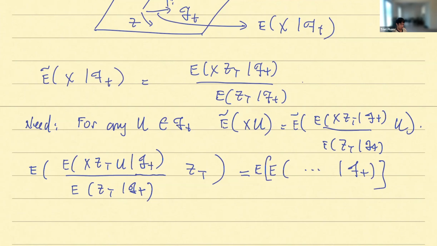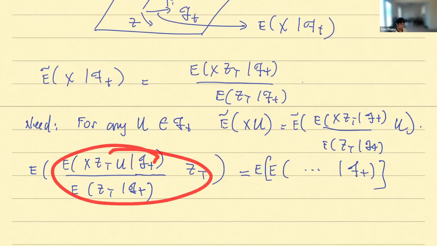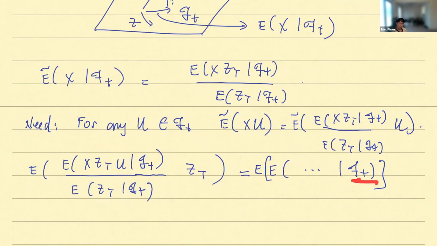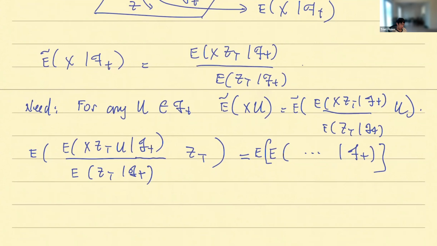The dot dot dot is that whole thing inside. Basically I just do the time-honored trick of conditioning and then not conditioning. But just observe, because otherwise writing it down is painful: what do I get by conditioning?